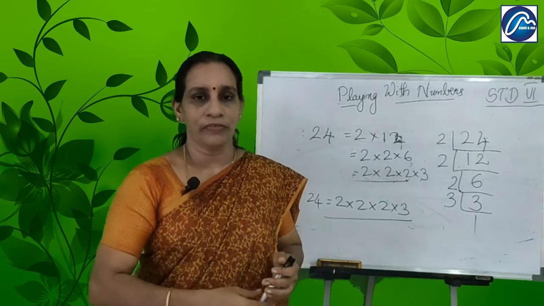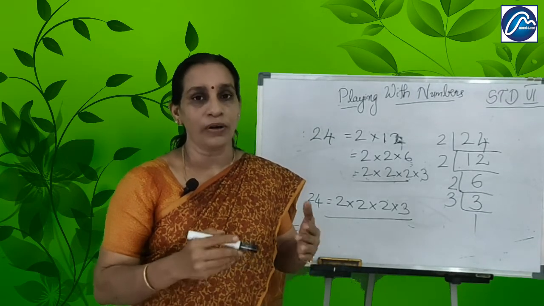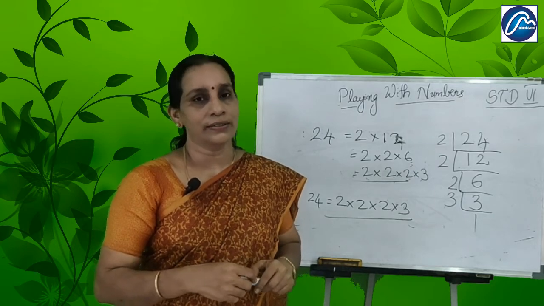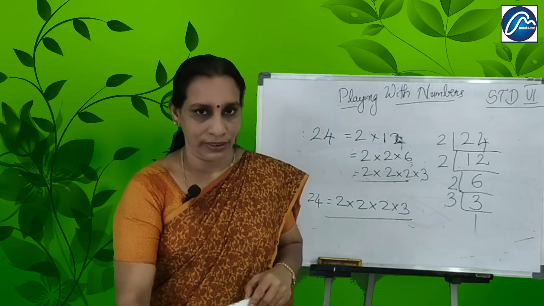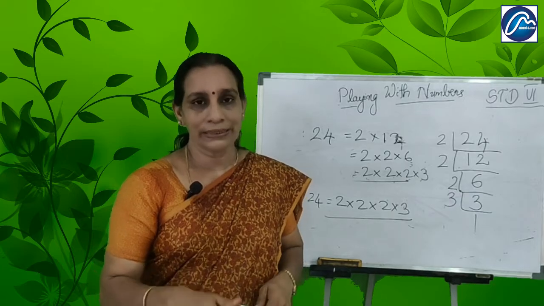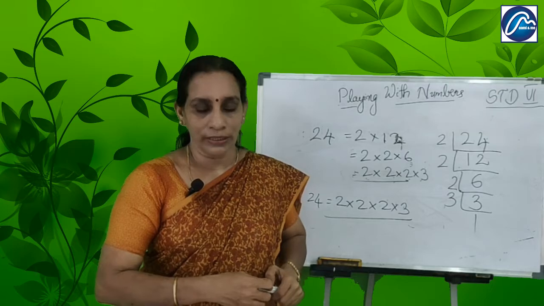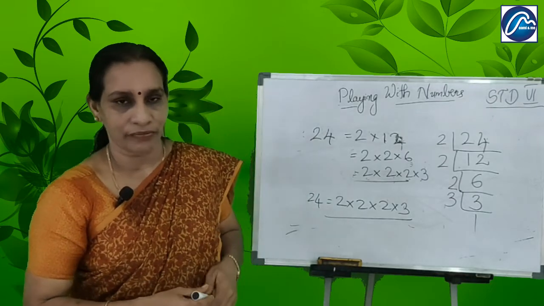For such sums we have to take common factors. Okay? And then we will get the answer. Such examples come after you learn the basics of this. Okay. So, let us study HCF.